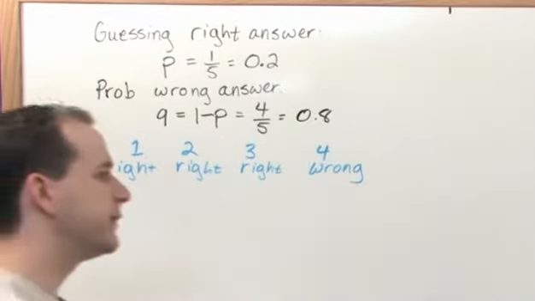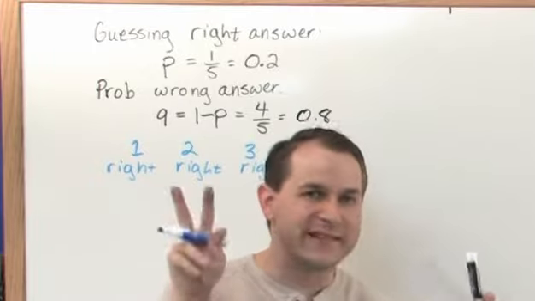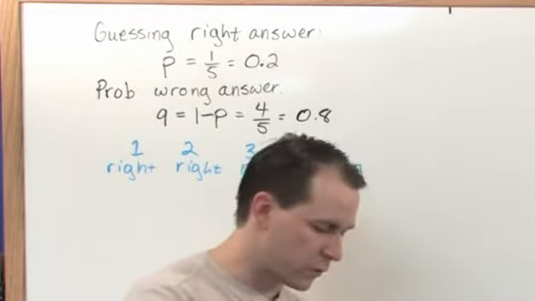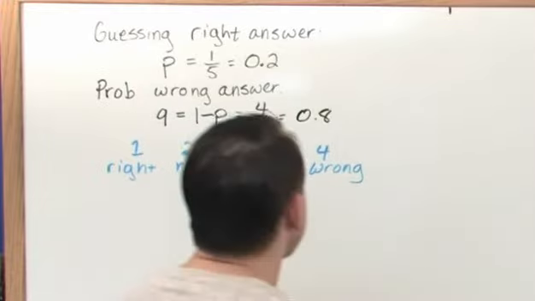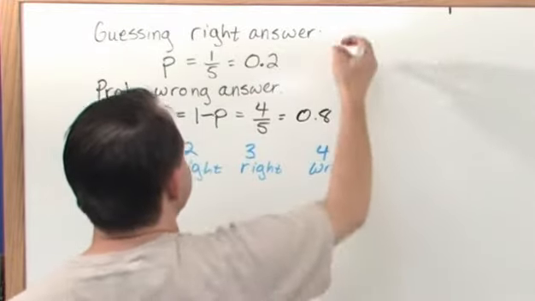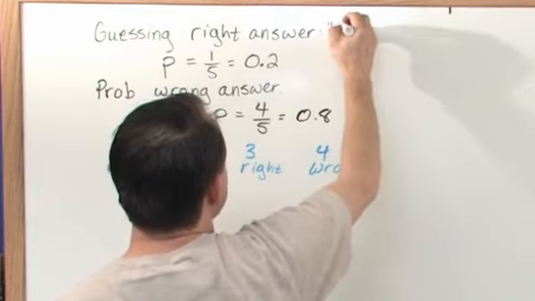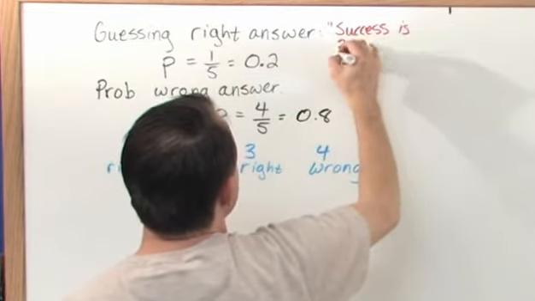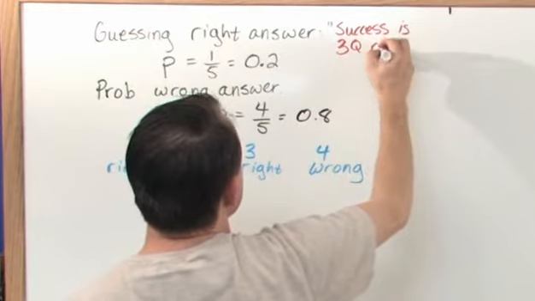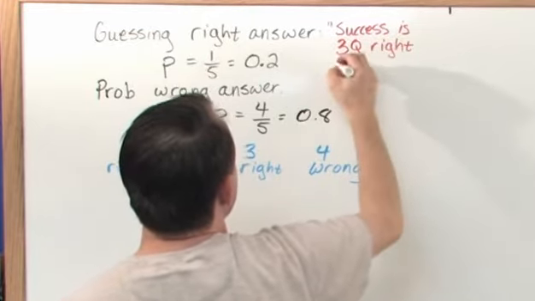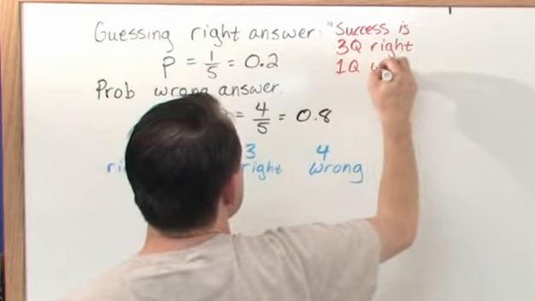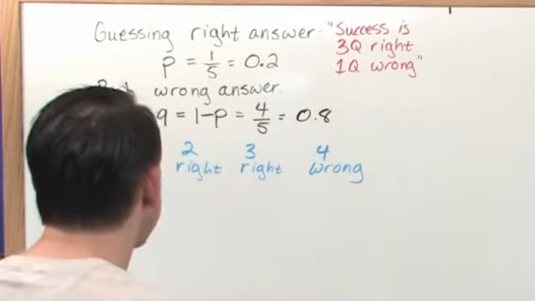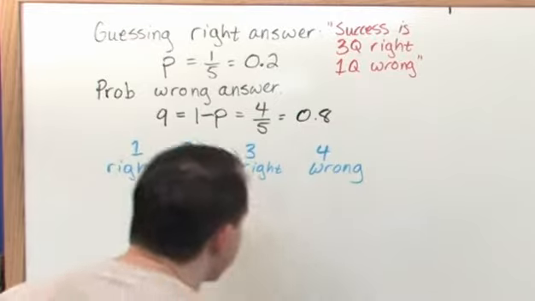What I'm going to define here as a success in this little experiment is 3 questions right and 1 question wrong. In fact, I'm going to write that down right now. So for this particular example, success is 3 questions right and 1 question wrong. I have to get that because that's what the question asked me. I want to know the probability of getting only 3 of them right.